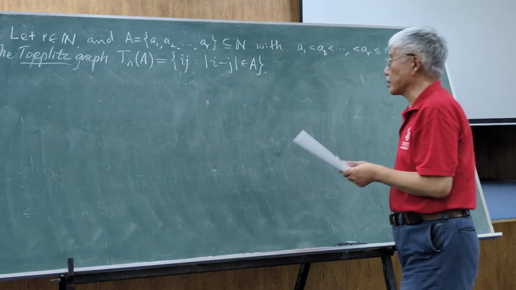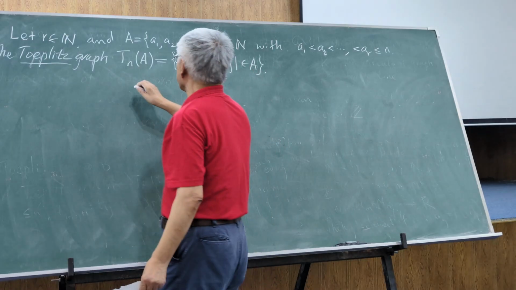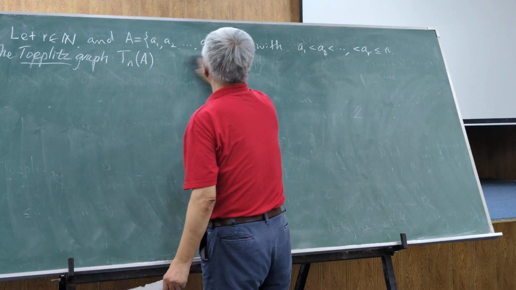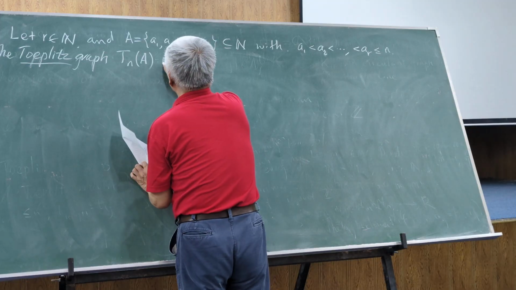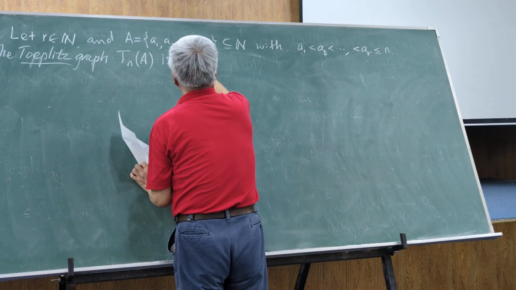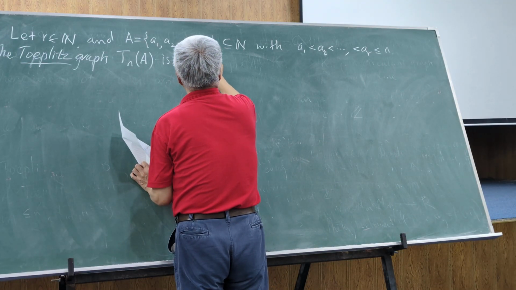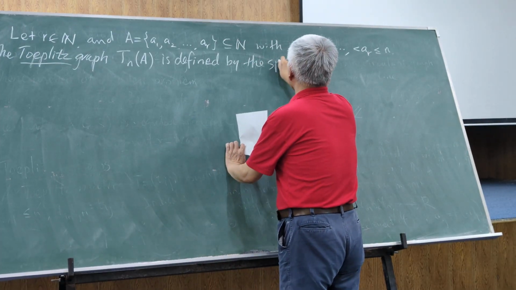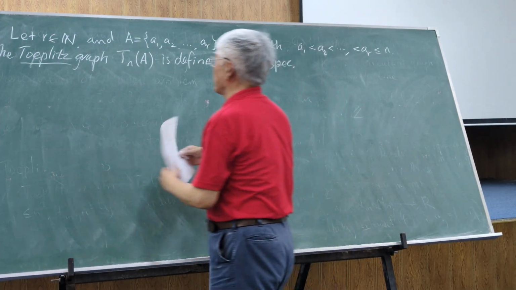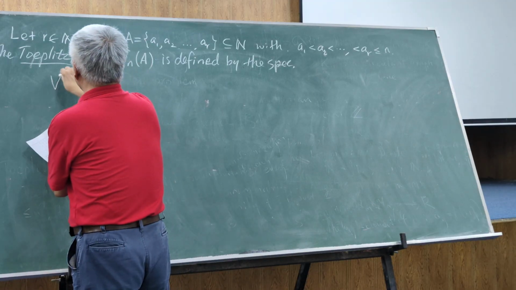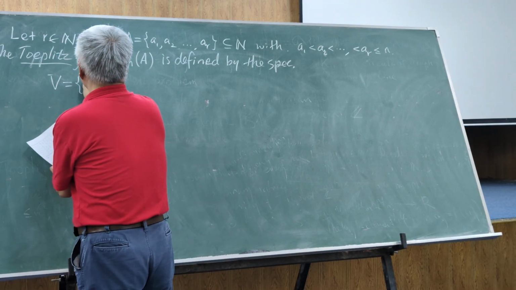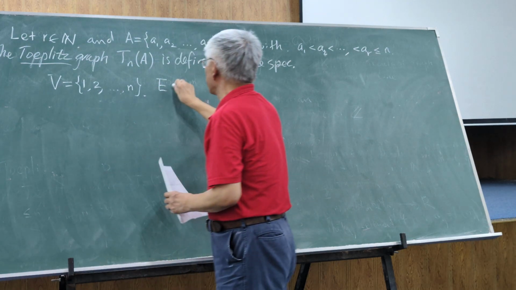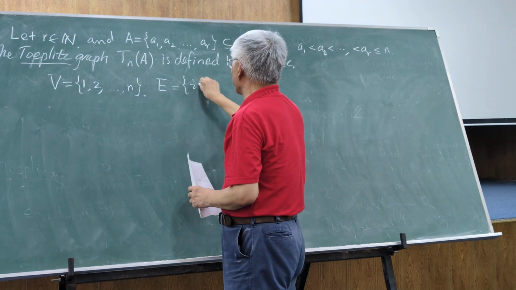Oh, wait a minute. This is the edge set, of course. Let me rewrite. It is defined by the specification, with vertex set V equal to 1, 2, to n.